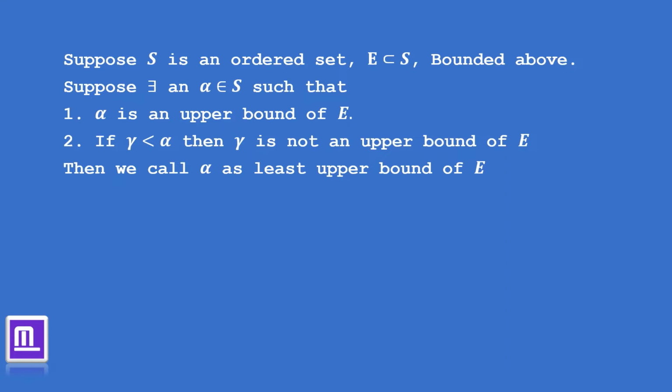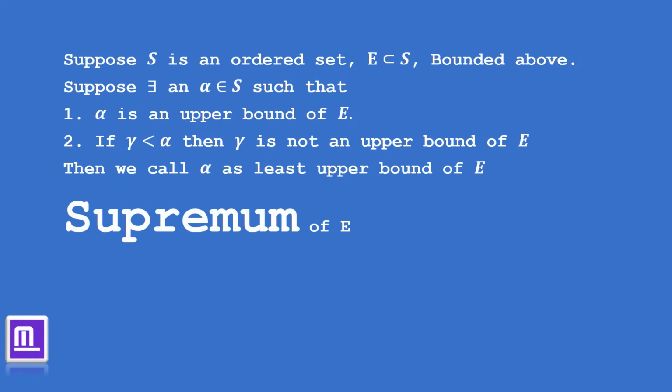Then we can call this alpha the least upper bound of E, or you can call this the supremum of E, and we can denote this with this symbol also.